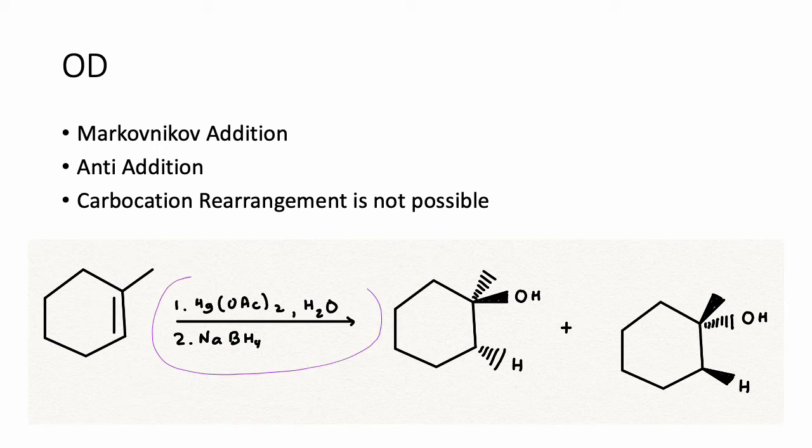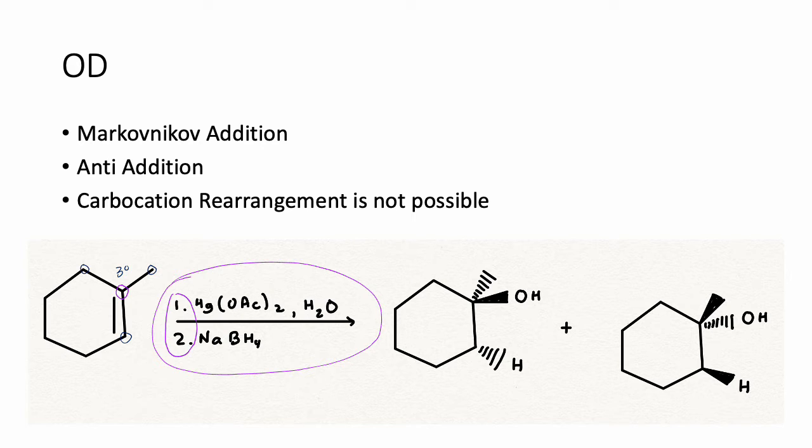So these are the reagents we're going to use. Pay special attention to the numbers. You are required to put those numbers. So we're going to add across the double bond via Markovnikov addition. This carbon is tertiary because it's attached to 3 other carbons.